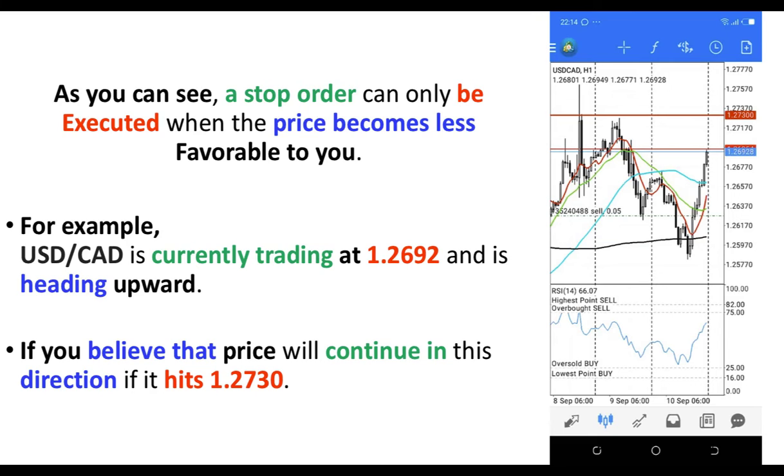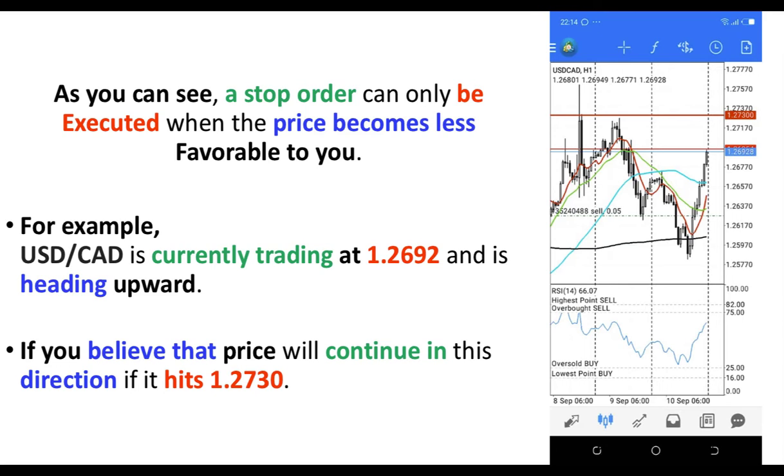This is the current chart of the USD CAD on the 1 hour on your smartphone. The current price of USD CAD is showing 1.2692. Now, the market is moving upward.